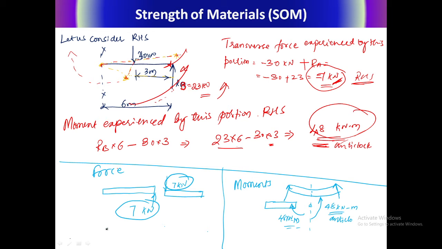So now the force which shears off the section because of the transverse loads is called what? Shear force. Okay. So now due to this force what happens? It tries to bend the section.